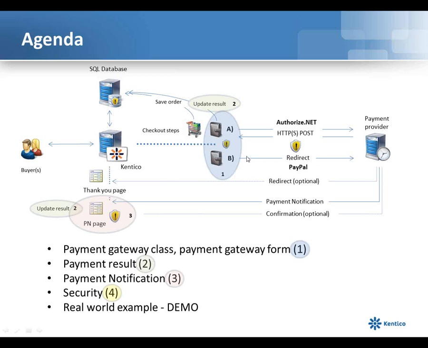Then the second security gap that there could be is when we are sending the data to the payment provider, because we might send some sensitive information, depending on the implementation of the payment provider. It's not a good idea to send sensitive information as part of the URL when we are redirecting the user to the payment provider.